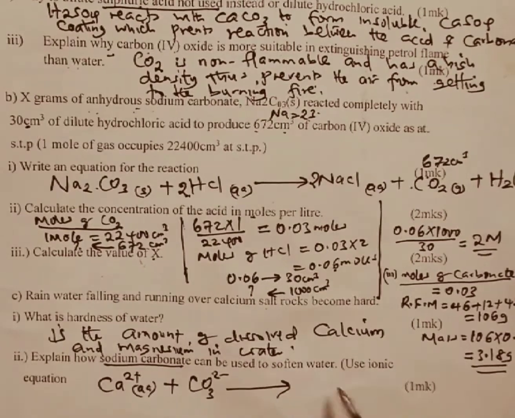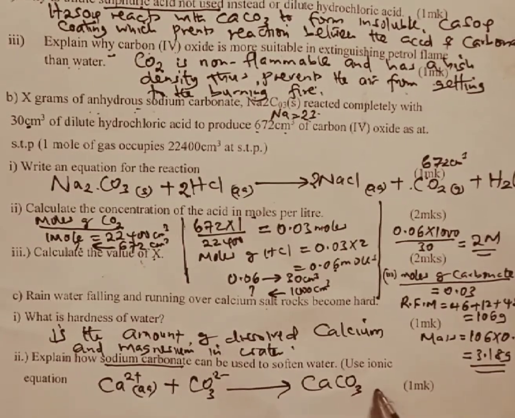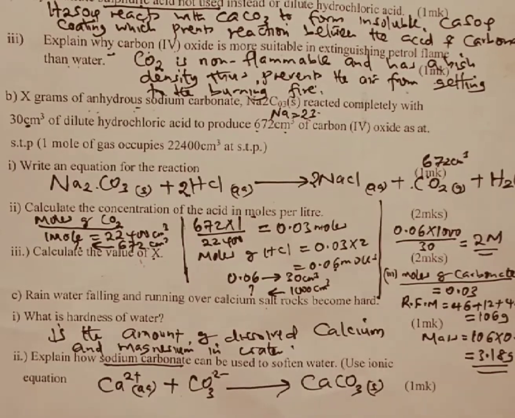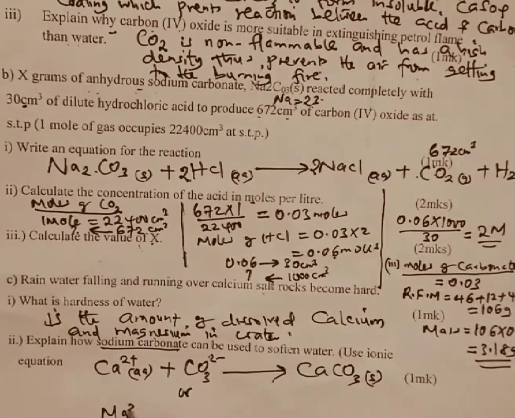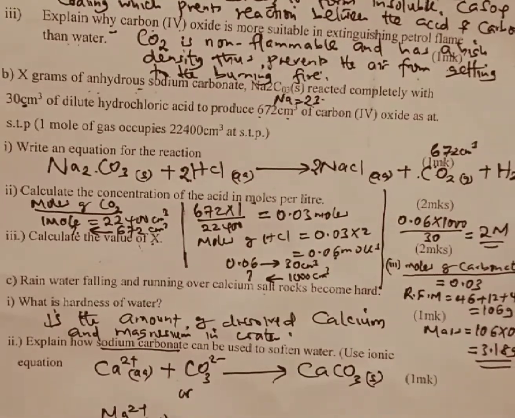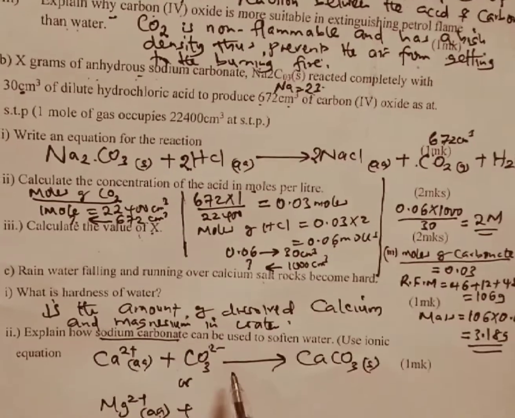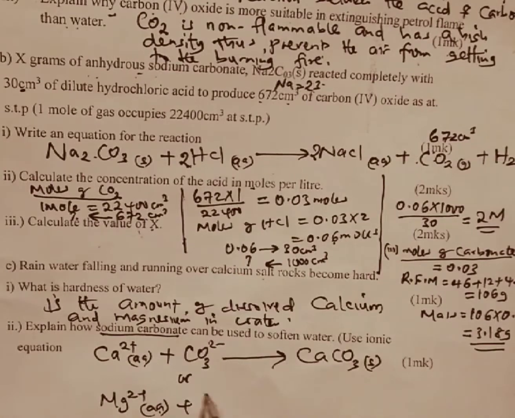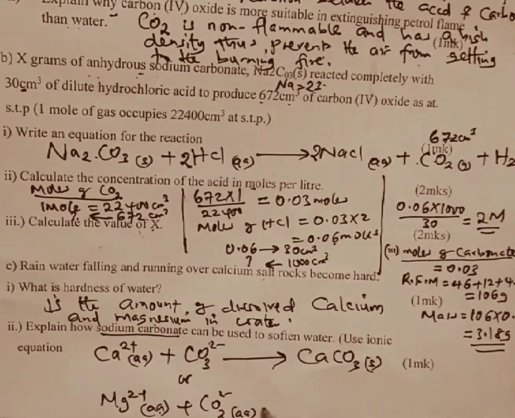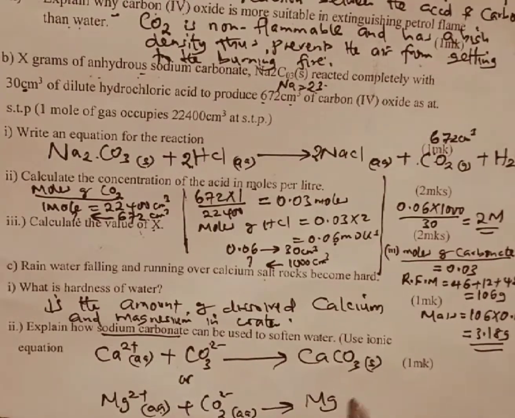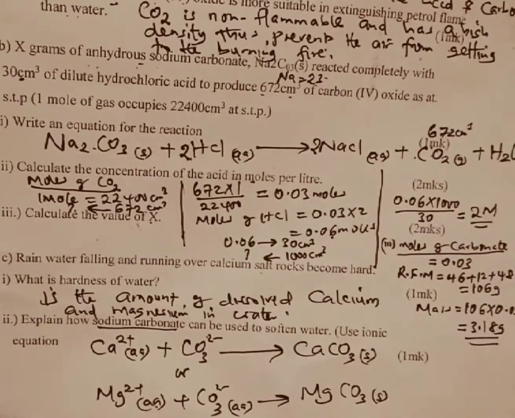And this reaction will produce an insoluble calcium carbonate, which precipitates out. Equally, we can also use magnesium ions, aqueous. Aqueous means this is water containing magnesium. We are adding sodium carbonate. Remember, in sodium carbonate, we need the carbonate ions. And this one is going to give us magnesium carbonate, which is a precipitate or which precipitates out.